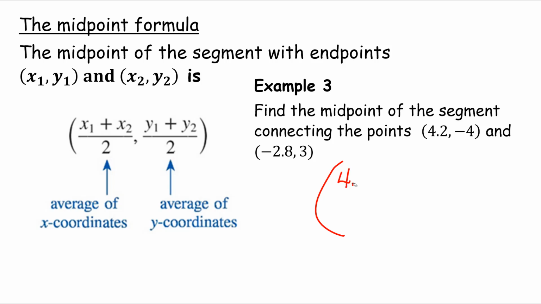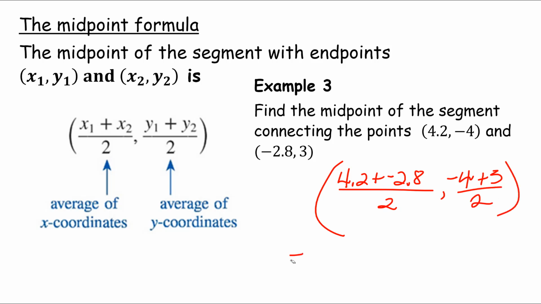You add the x coordinates and divide by 2, and you add the y coordinates and divide by 2. That gives you the midpoint. So 4.2 minus 2.8 is 1.4, and (-4 plus 3) over 2 is -1/2. And so the x-coordinate is 0.7.